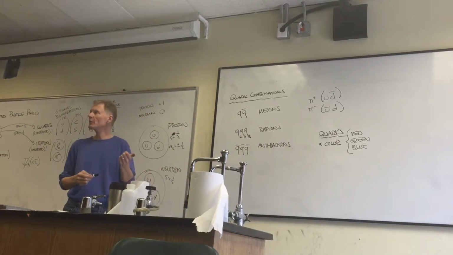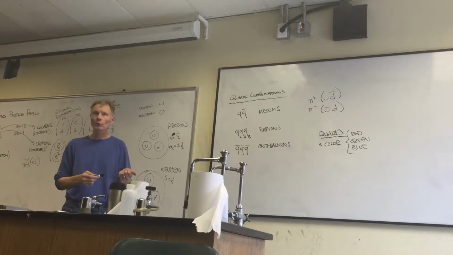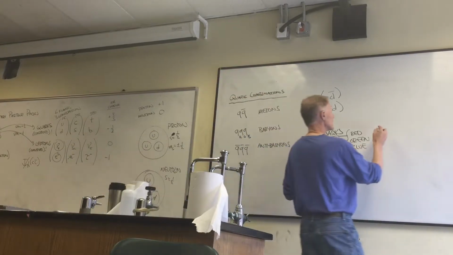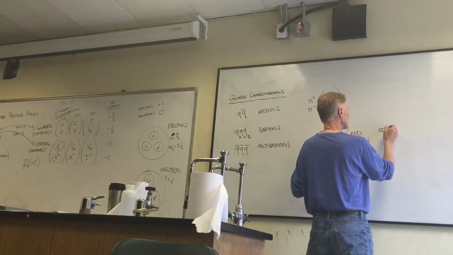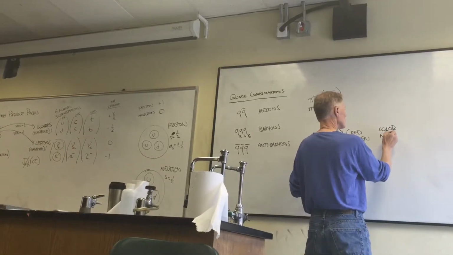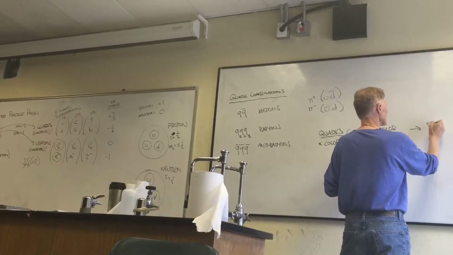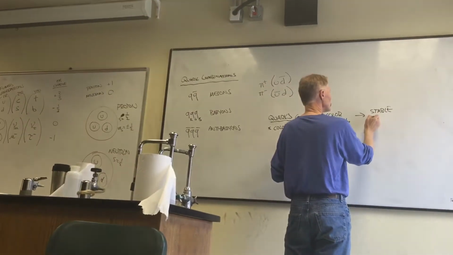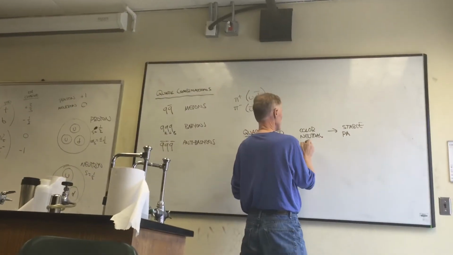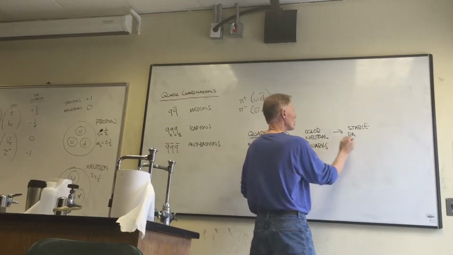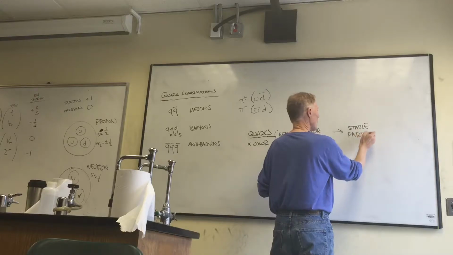And the only way you can get an attractive force holding the quarks together is to get what's called a color-neutral combination. A color-neutral combination of quarks will give us a stable particle.